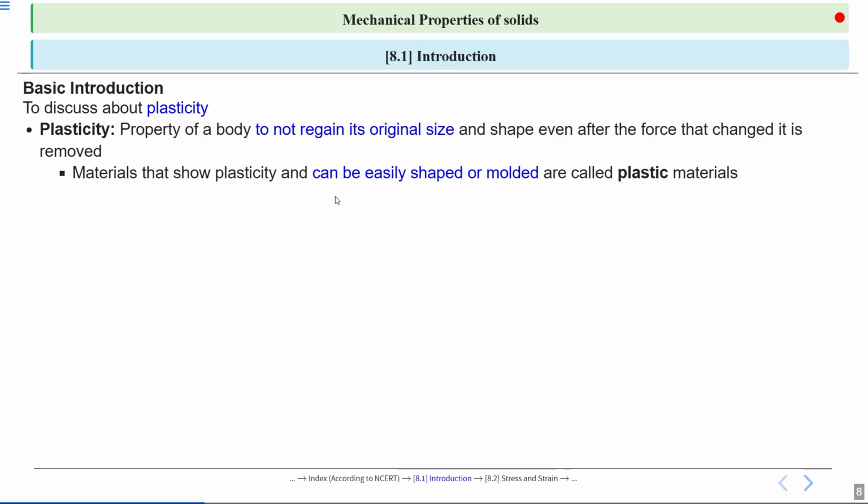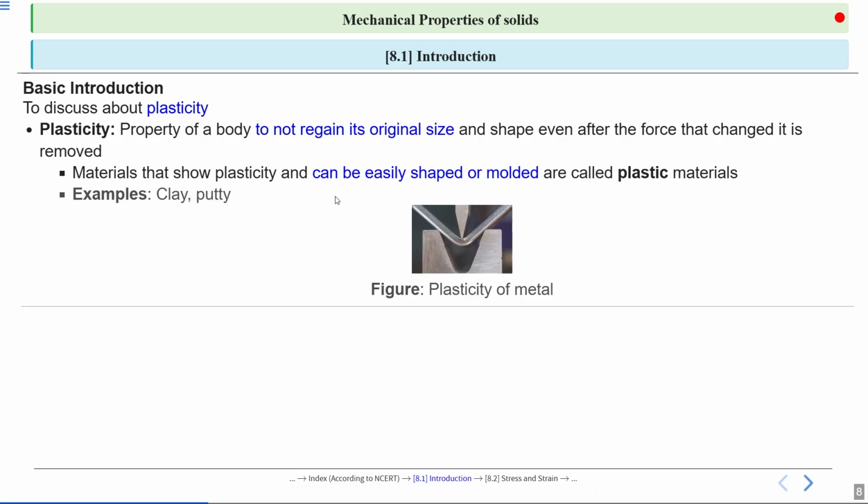Materials that exhibit plasticity can be easily shaped or molded and are known as plastic materials. Examples are clay or putty.